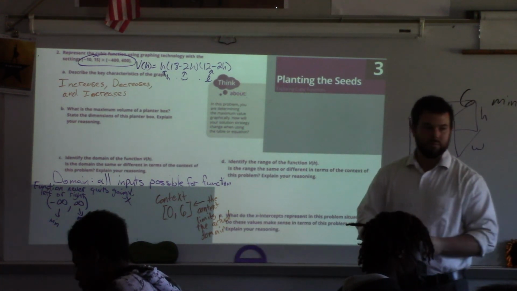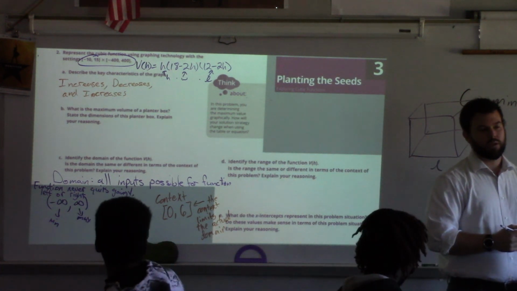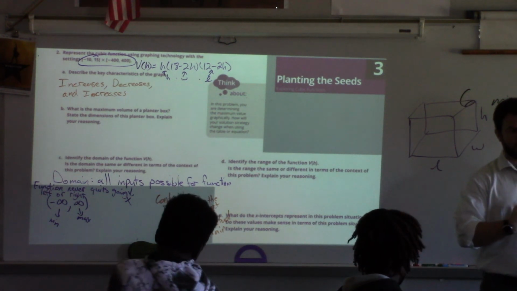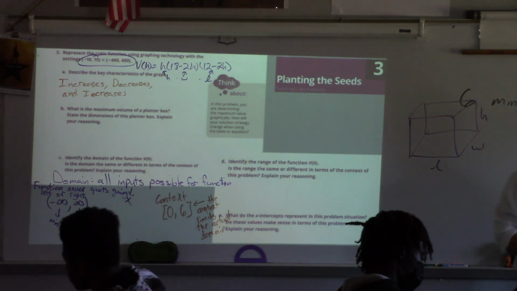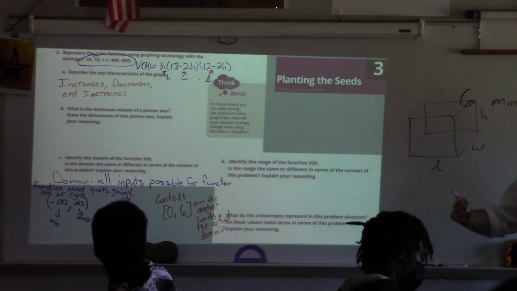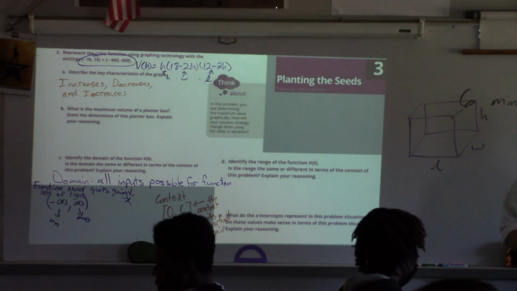I thought it meant the context, like looking at the graph, not the actual number. But notice the context is the context of the problem. It's the box that we're creating. Does that distinction make sense? So when we actually talk about the graph and the f of x, that's no context, right? That's just a general function.